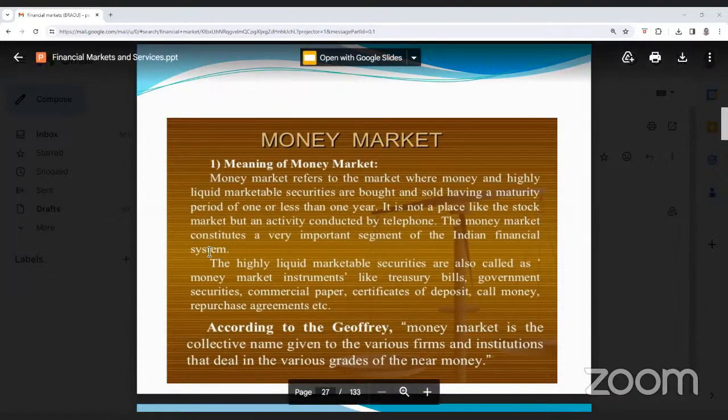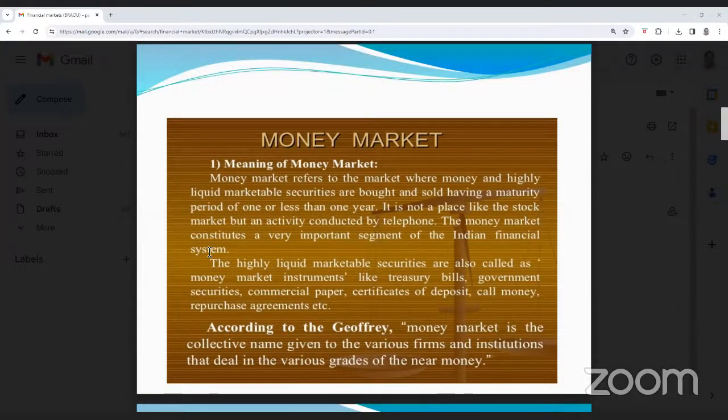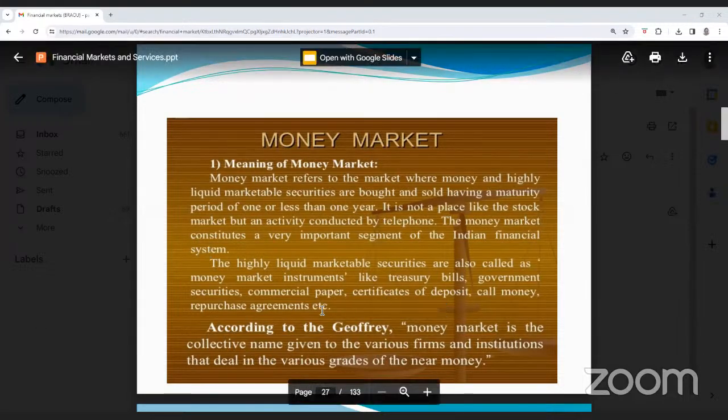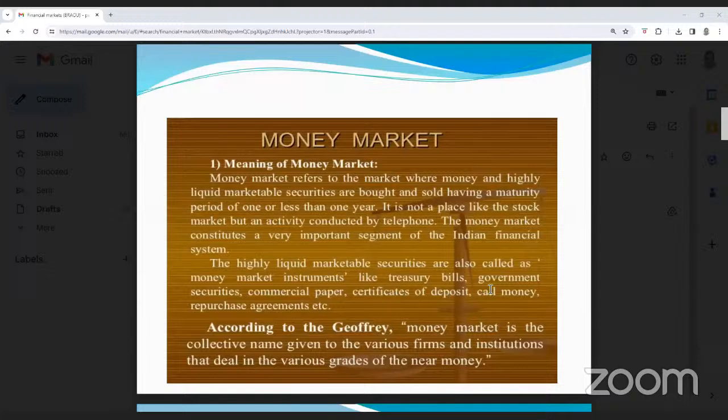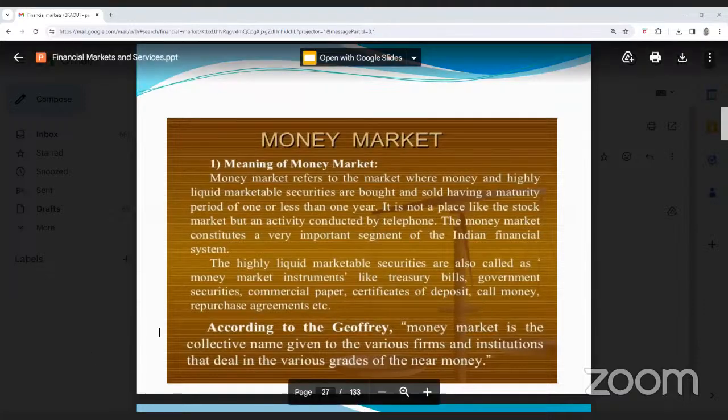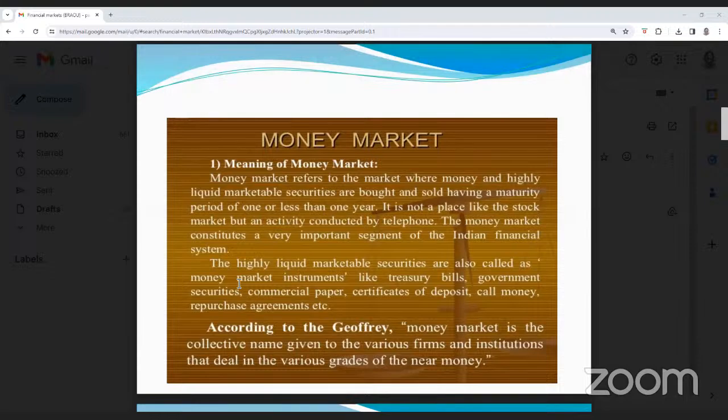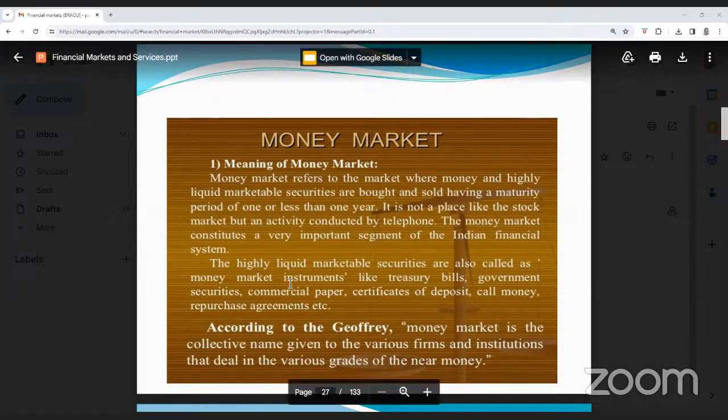This is not the stock market, it is the money market. That is commercial papers, certificate of deposit, call money, repurchase agreement. You know, government securities we get in the post office, only for short term. It is 1 year and less than 1 year. And this is certificates of deposit.